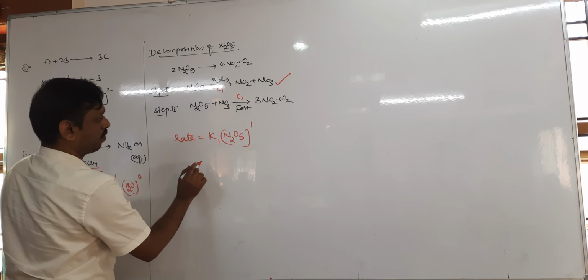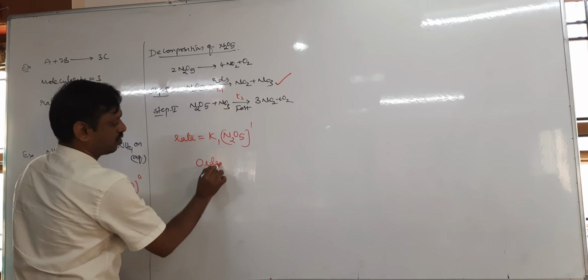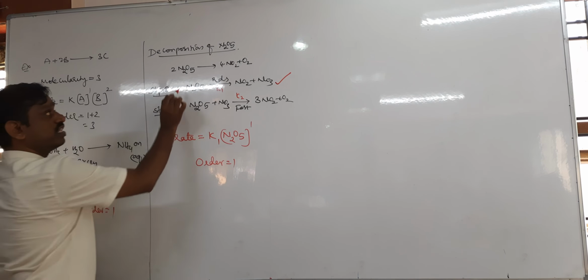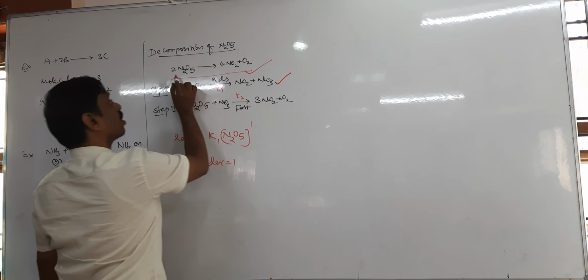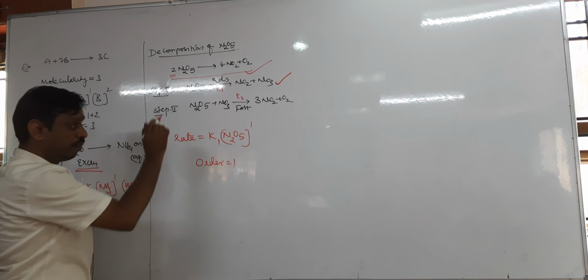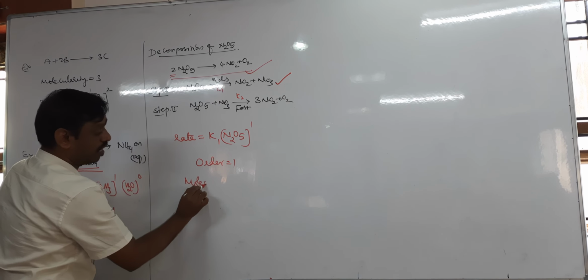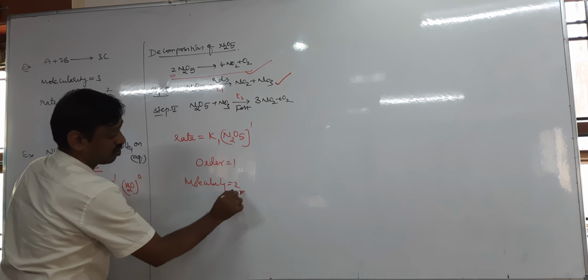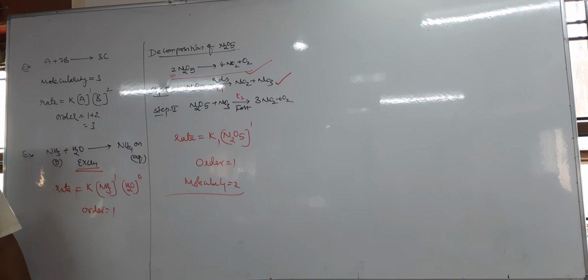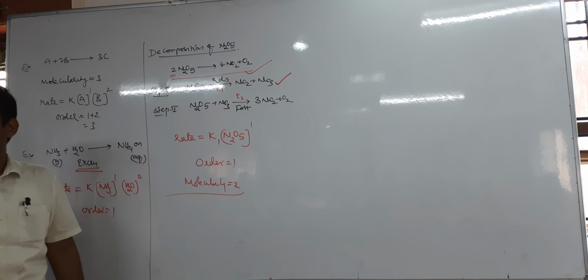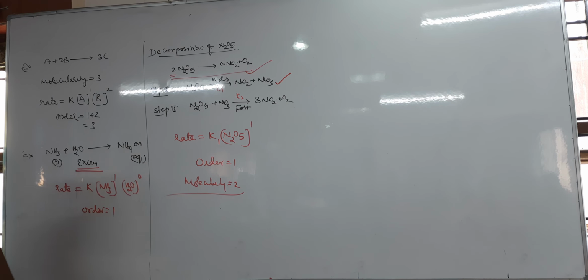Therefore, what is the order of reaction? If you see this equation, you may feel the order is 2 because 2 is there. But what is the molecularity? Molecularity equals 2, of course. You don't understand? Wait. We'll study molecularity later.